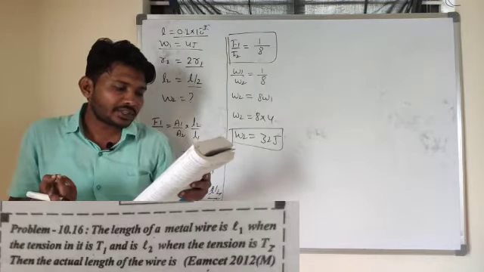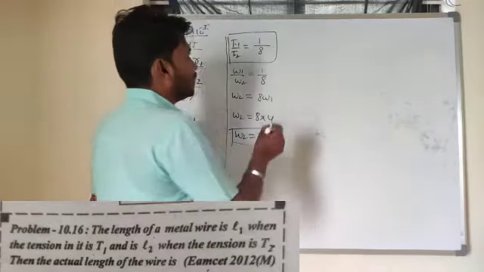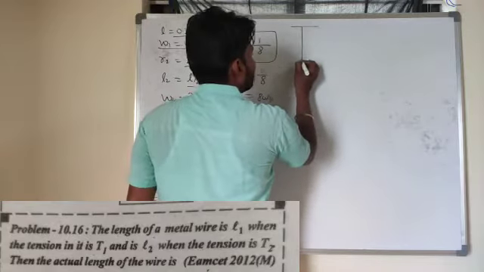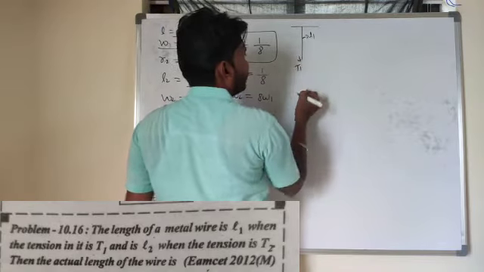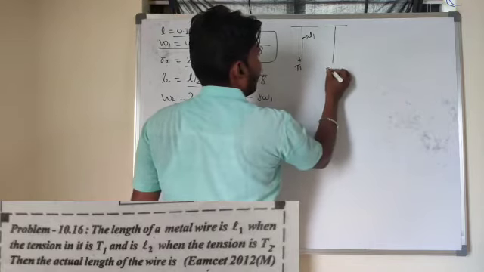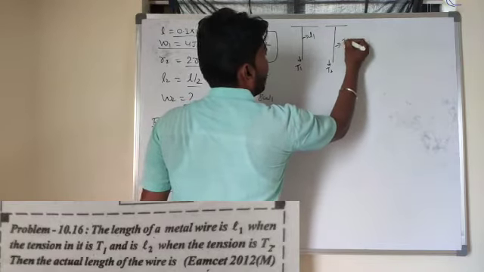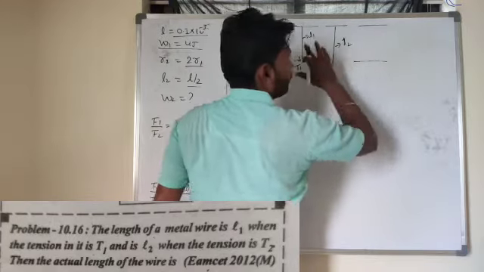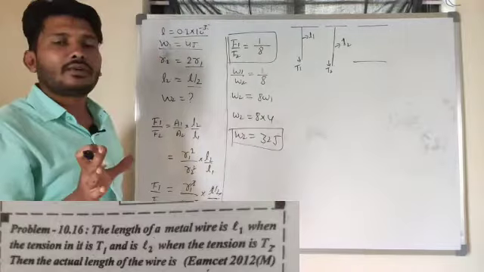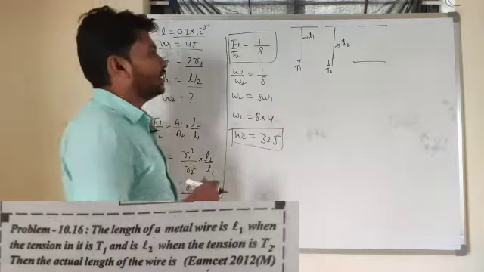Then what about the natural length of the wire? If you are not applying any kind of force, what was the original length of the wire? I need to find that out.